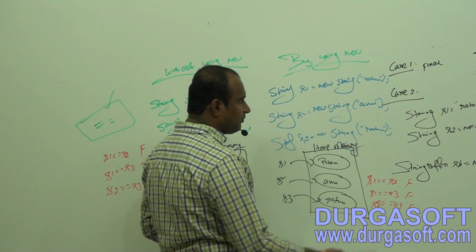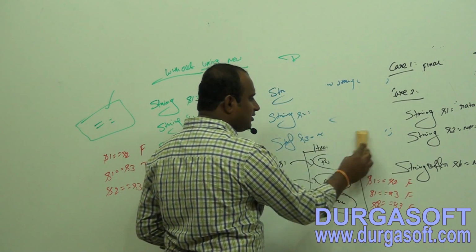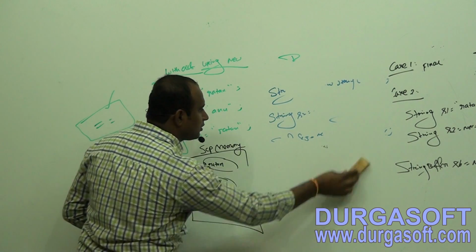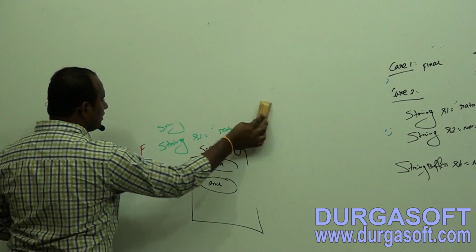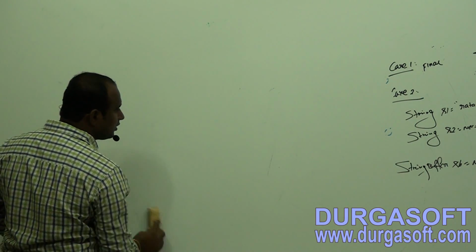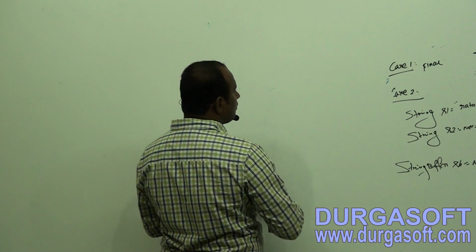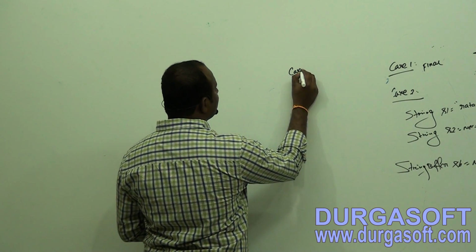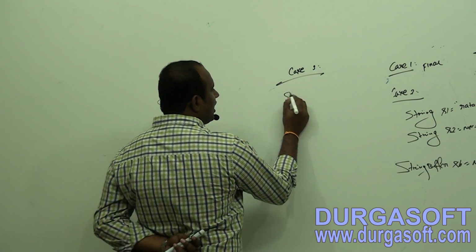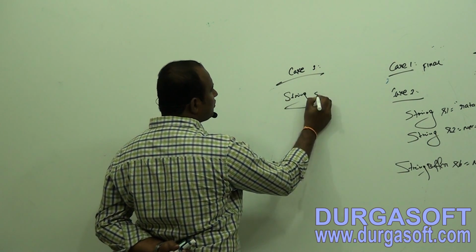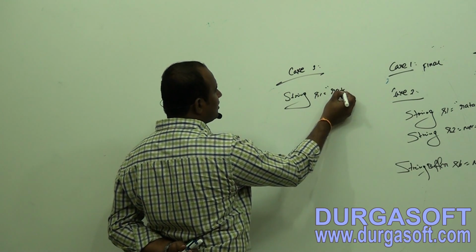Case number 3, a simple case. Next we will discuss case 3. In case 3, I am writing the String class. String S1, in the double quotes Ratan.